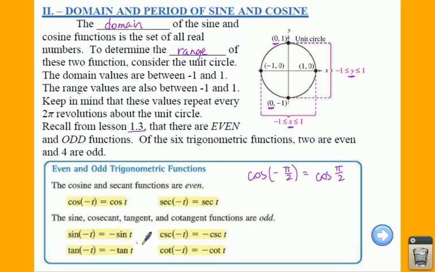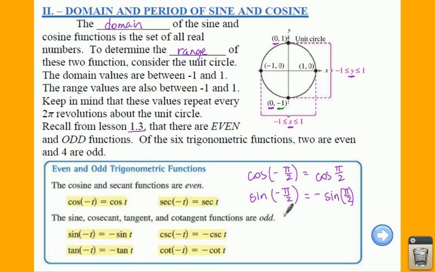Now sine is the negative. They are odd. Sine is an odd function. So if you have the sine of negative pi over 2, then that's the same thing as a negative sine of pi over 2. If we look at negative pi over 2, that's down here at the bottom. Go in this direction. Your sine value is going to be a negative 1.